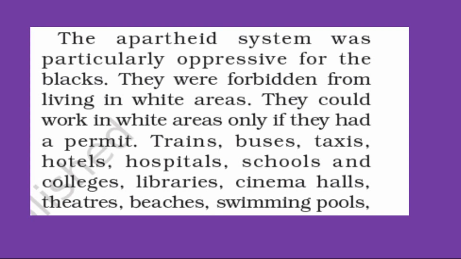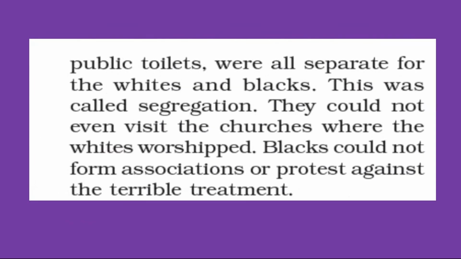In trains, buses, taxis, hospitals and hotels, they were not allowed to move freely, nor in theatres, beaches and swimming pools. Even the public toilets were separate for the whites and blacks. This was clearly called segregation.